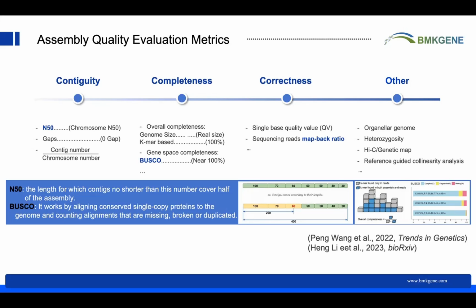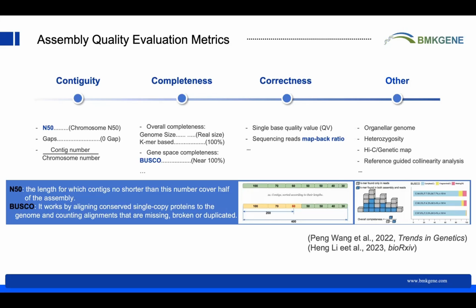If the number of gaps is low, it shows that the assembly is very high quality. So if it's a very good assembly, the gaps could be zero. And now a zero-gap reference genome is the purpose of many genome assemblers.